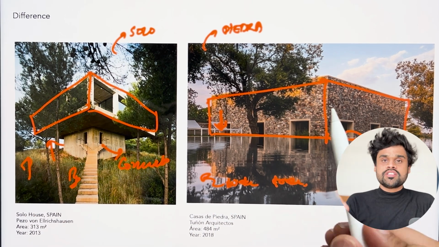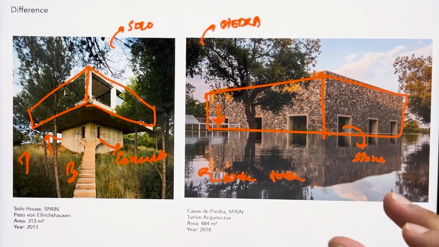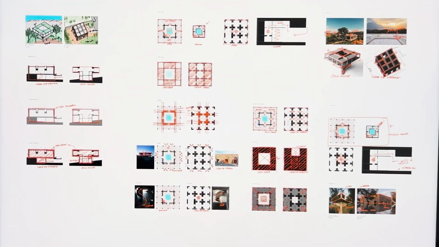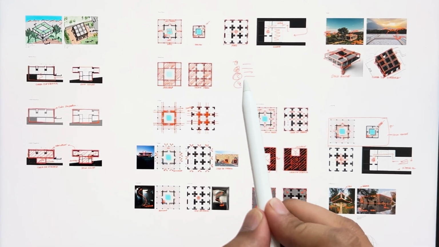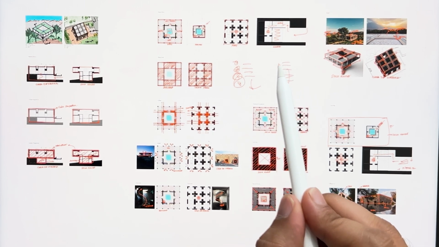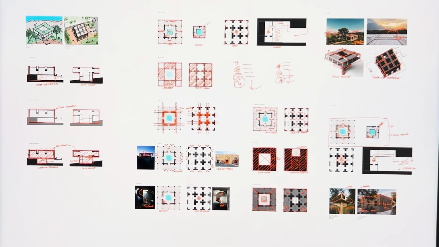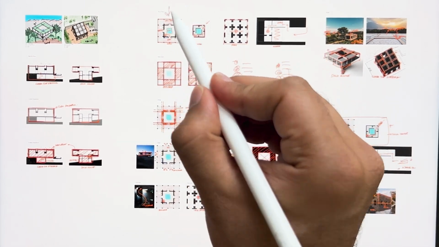While your architecture principles could be similar to other architects, you always have your unique identity. So in this case study, the Solo house and the Casa de Piedra demonstrate this perfectly. Despite having similarities in their architecture principles, their outputs are very different. Piso von Elrigosen and Emilio Tunon each follow their own principles, resulting in unique and original design.